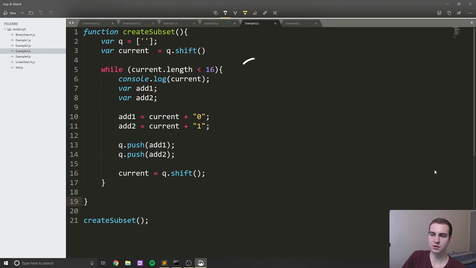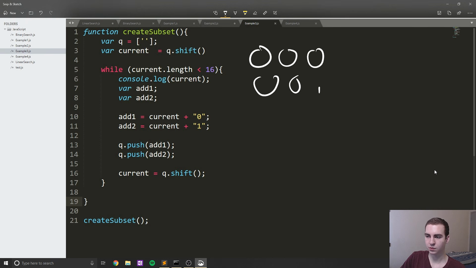So binary numbers, you can either be 0 or you can be 1. It's 1 or 2. And they can obviously have an infinite length. So we're doing all the binary numbers of length 16, which means that, well, I'm not going to draw them all out, but let's do an example with 3. If we have 3 digits for a binary number, then we can have 0, 0, 0.